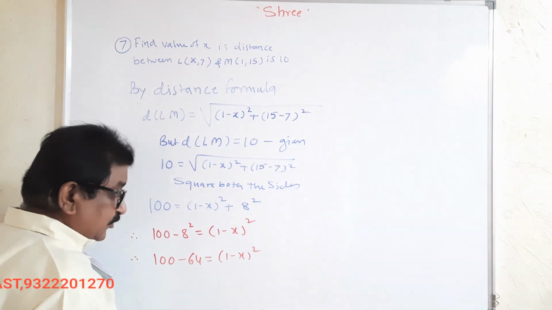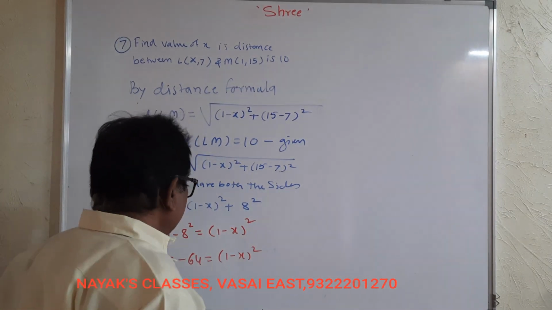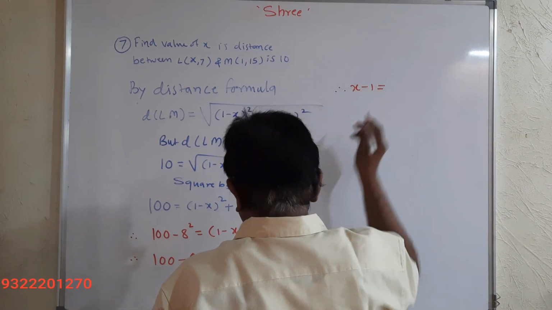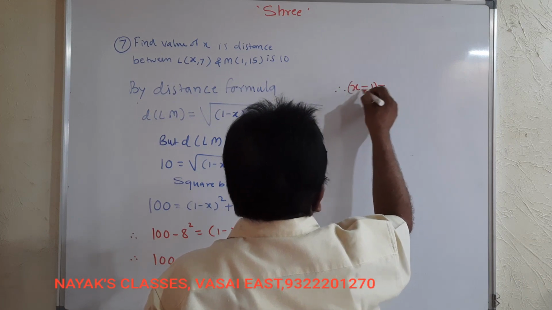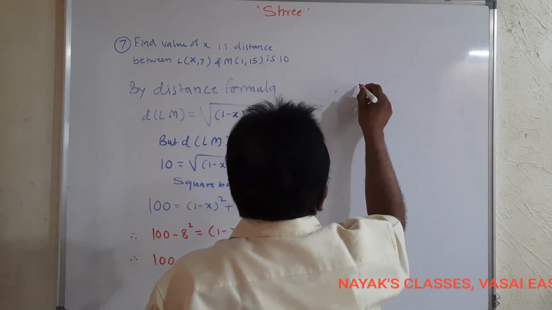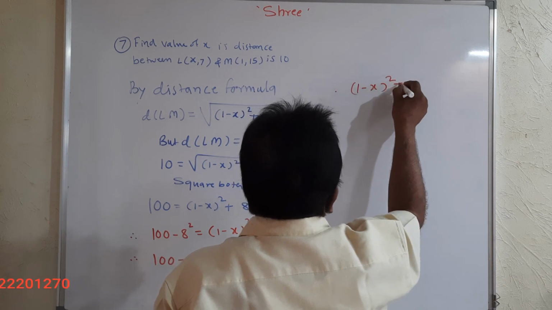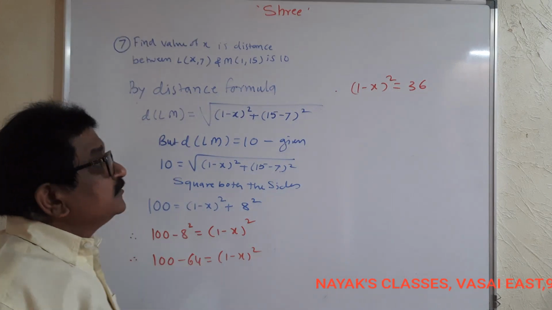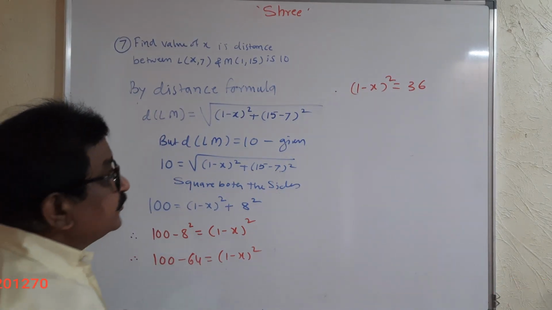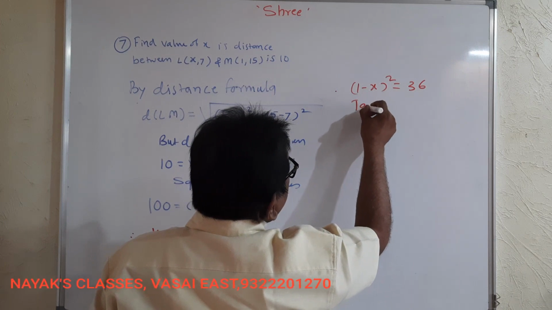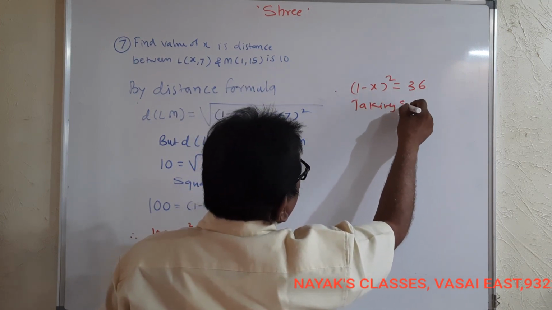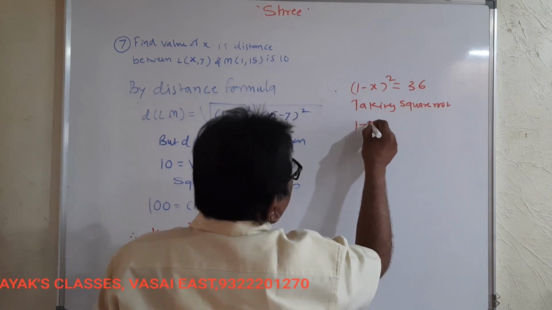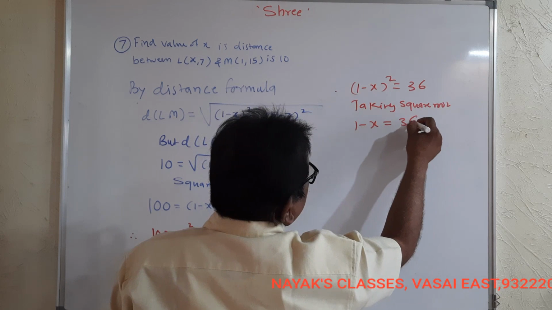So it will be (1 minus x) the whole square is equal to 36. Correct? So taking square root, it will be 1 minus x is equal to 36.